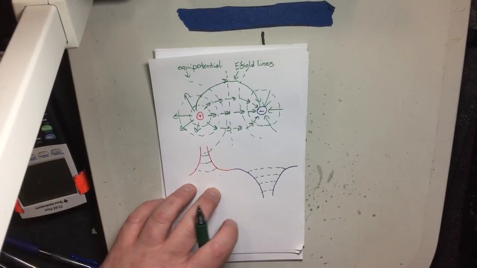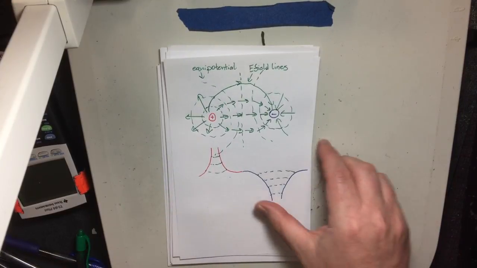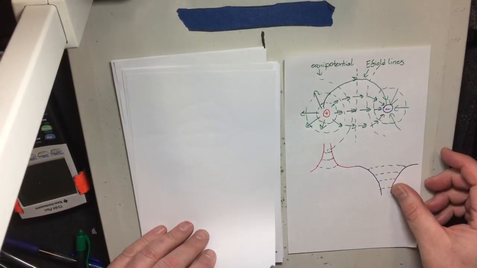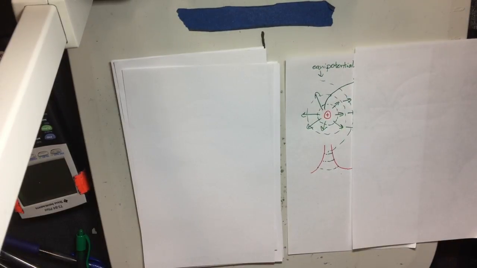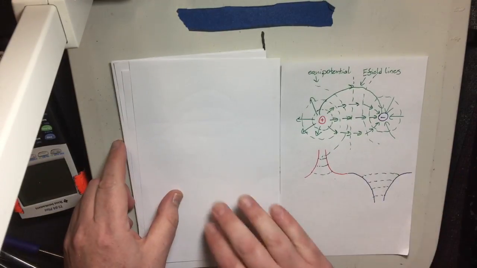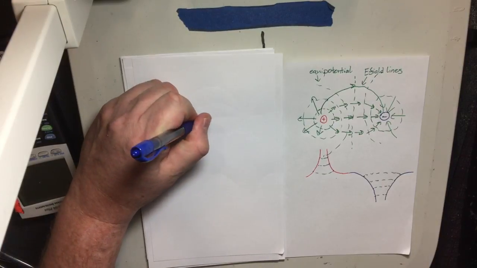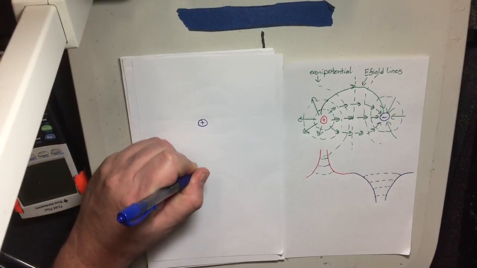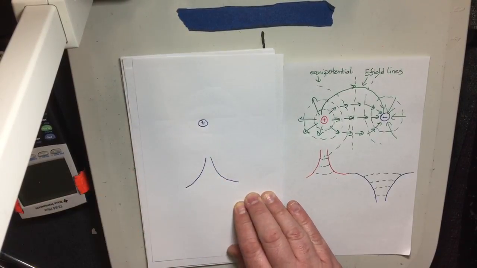All right. So with a single charge, you can kind of simplify it by just thinking about if you just drew that. But truth be told, if you have that single positive point, the potential lines look like this.